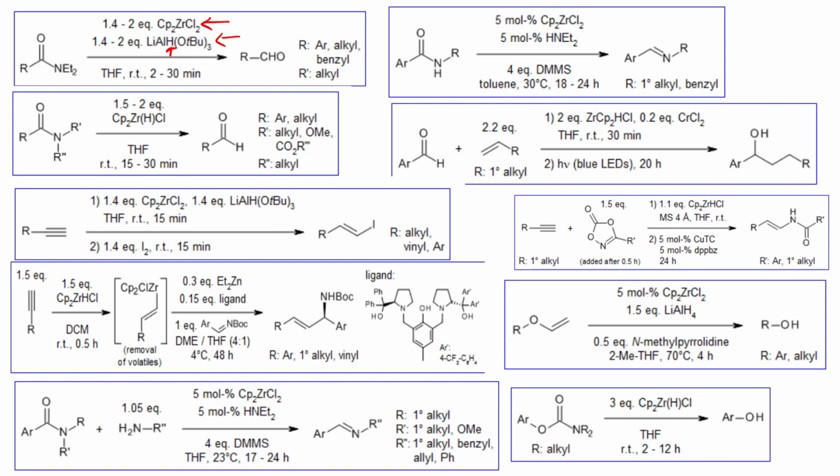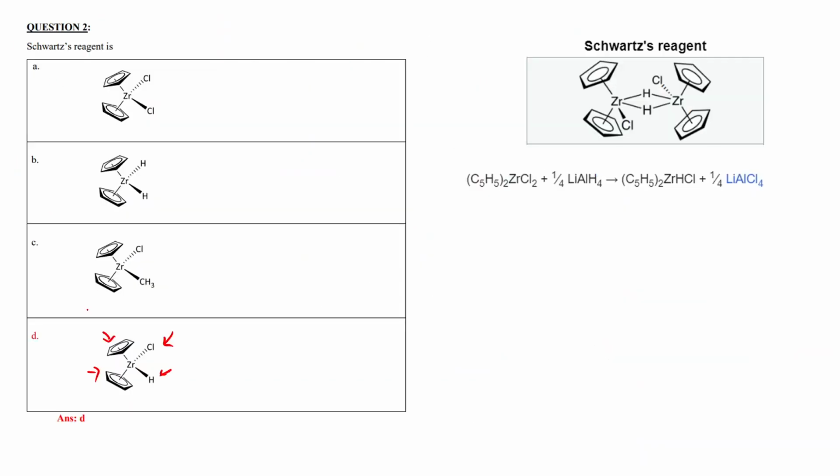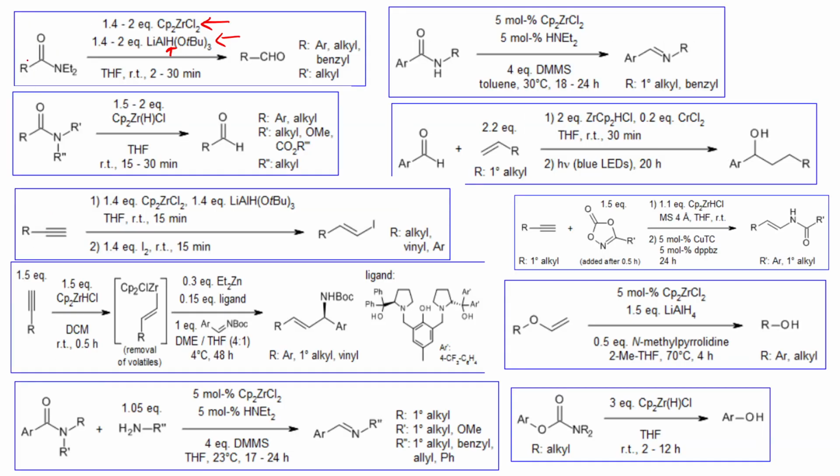That's why this is used, and in situ you generate this particular unit. Then normal hydride transfer happens, this particular unit leaves, and you end up with this kind of aldehyde unit. This is one of the examples of this reactivity.